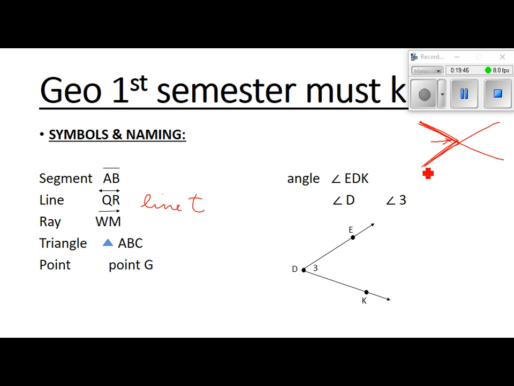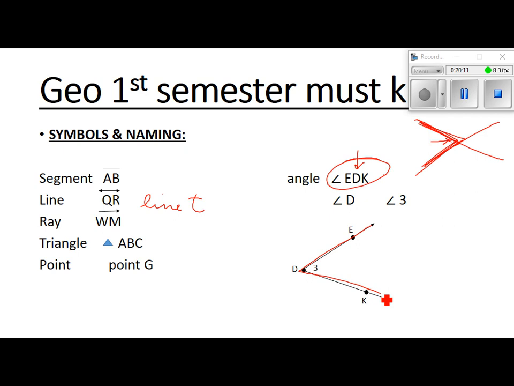So make sure you're naming angles. When we first went over angles, I even said something about trying to use that method all the time because then you can't mess up. Start here, and remember that the center letter has to be the vertex, then you'll be safe all the time. This angle could be named angle EDK.